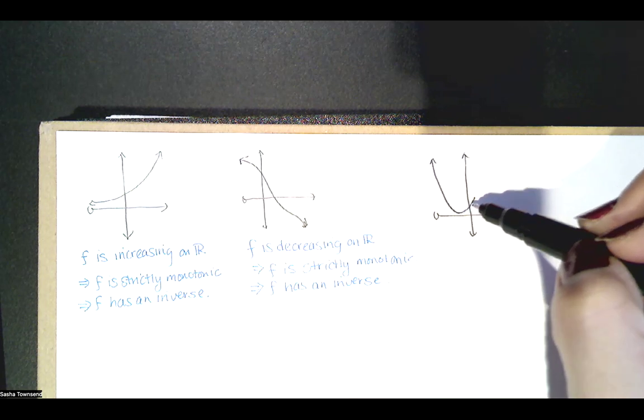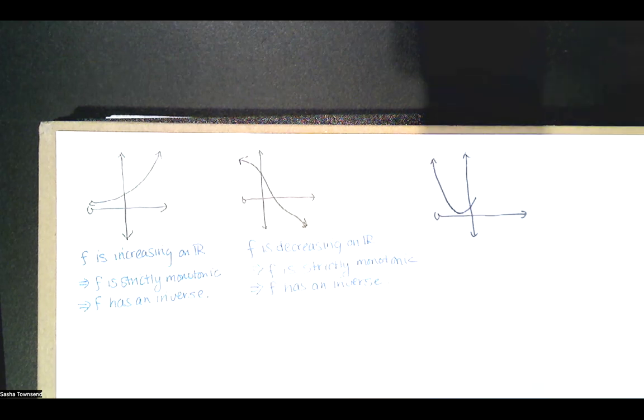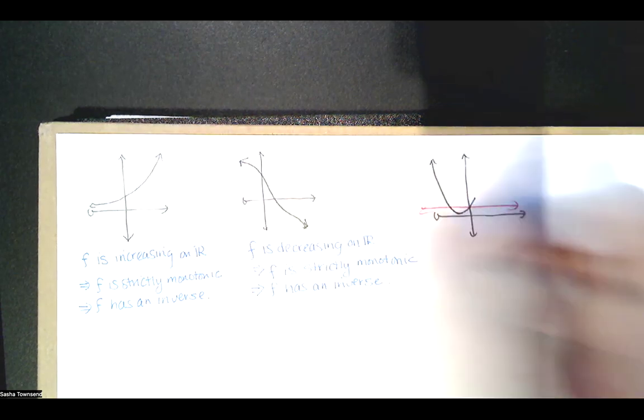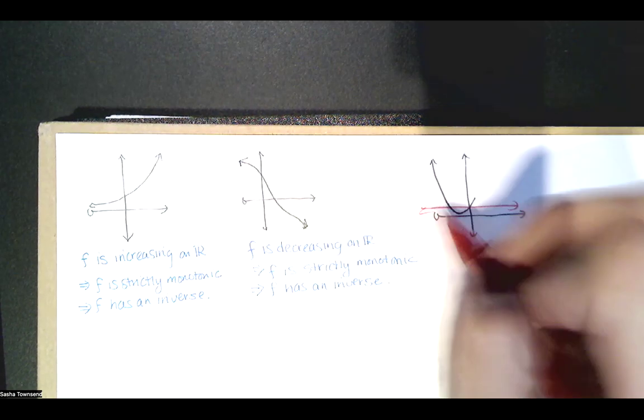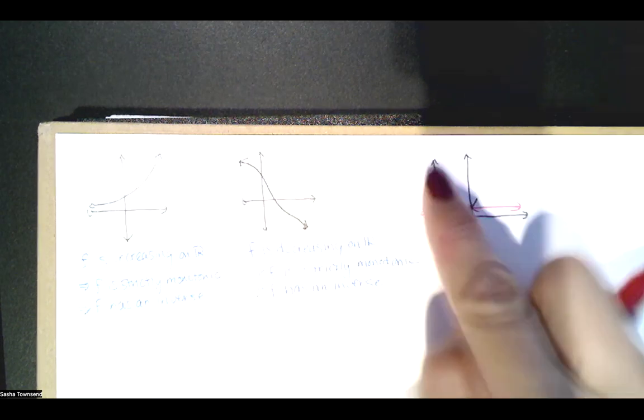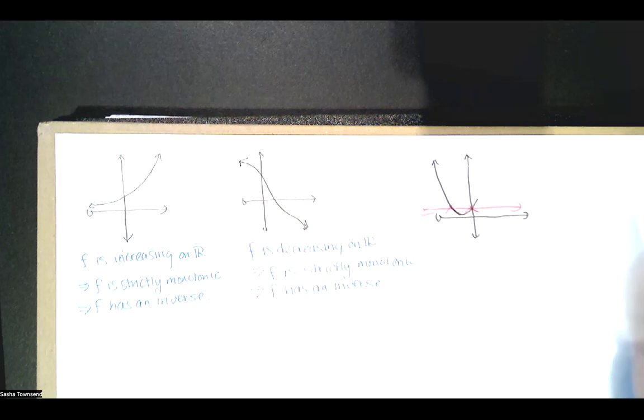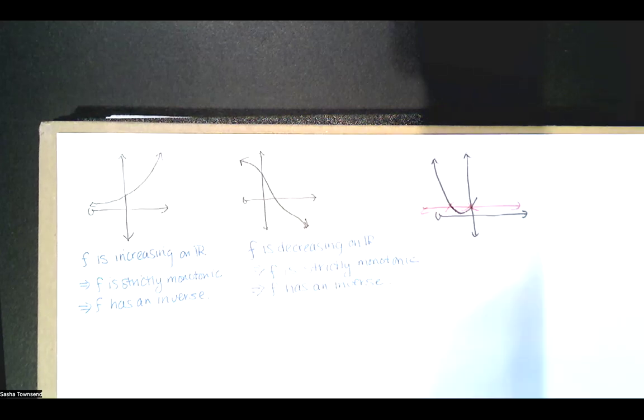And as soon as it changes directions, I can draw a horizontal line that passes through that graph twice. So because the function changed directions, because it went from decreasing to increasing, that function fails the horizontal line test and therefore is not strictly monotonic and therefore does not have an inverse as it's originally defined.